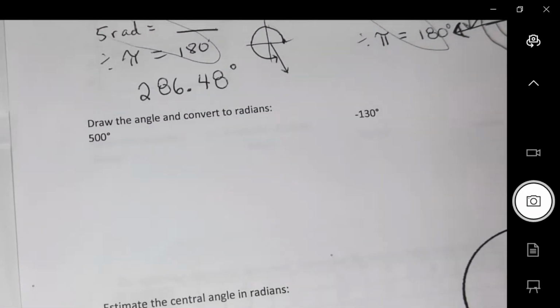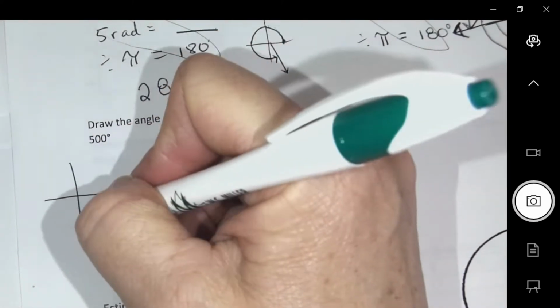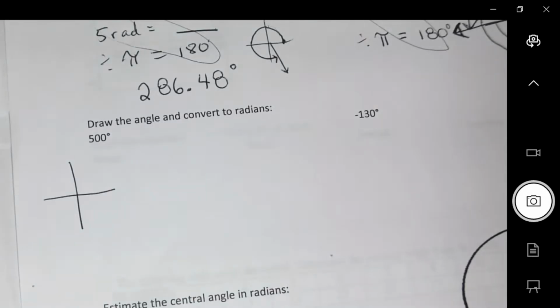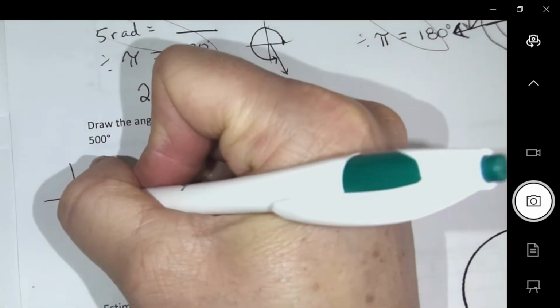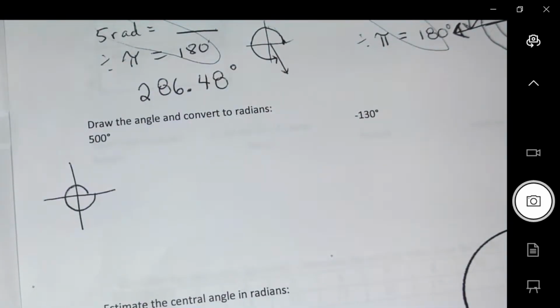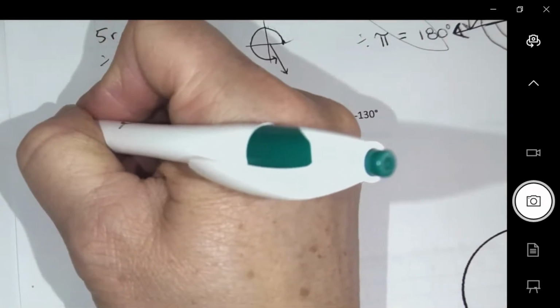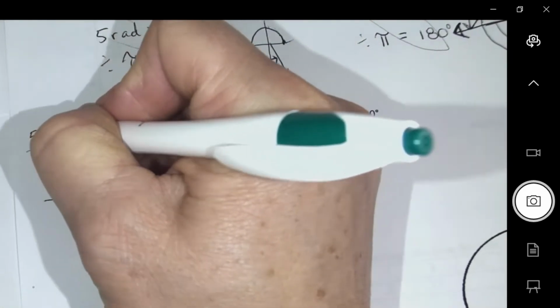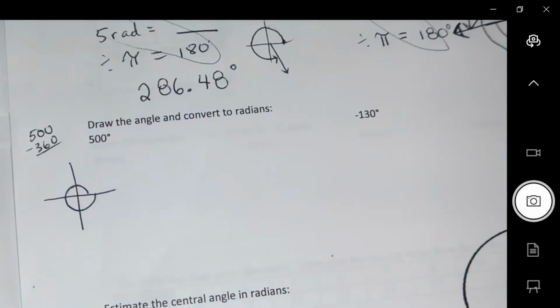Okay, draw and convert. We could draw first. That's more than 360, so I'm already going to spin a full circle. How much more do you have to go? So that means what kind of math will you do? How much further do you have to go?